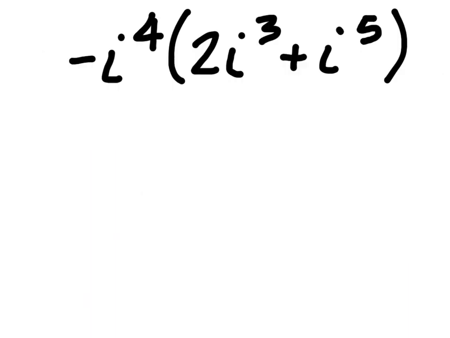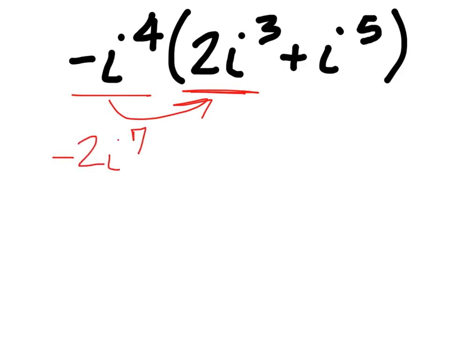Example 2. Negative i to the fourth times the quantity 2i to the third plus i to the fifth. When I multiply these two items together, what do I get? Negative 2i to the 7th. That's right, negative 2i to the 7th.